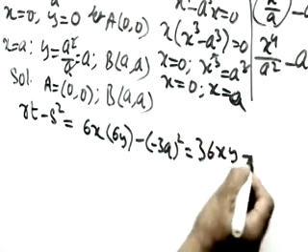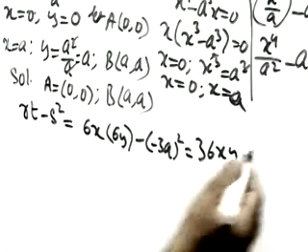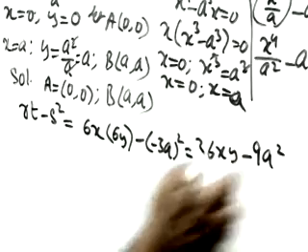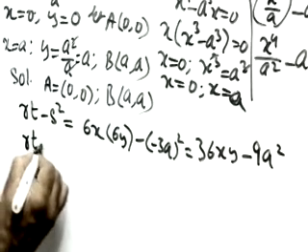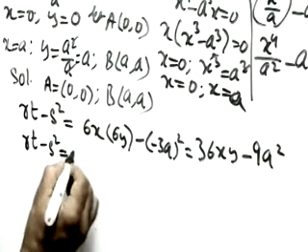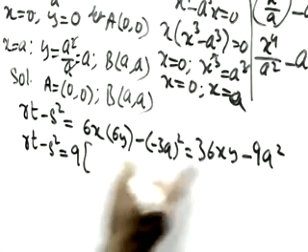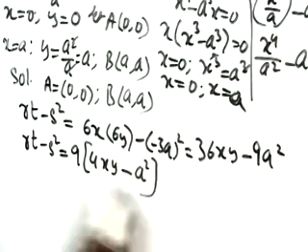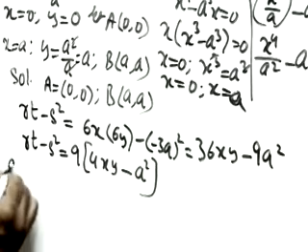Now 6 times 6 is 36xy, minus, this minus will become plus, 3 square is 9a square. Let me take 9 common from here. So rt minus s square equals 9 times, if you take 9 common, left with 4xy minus a square.